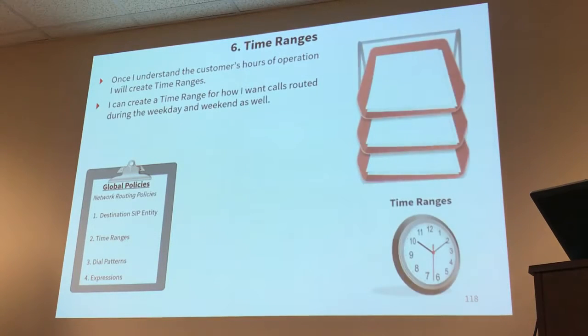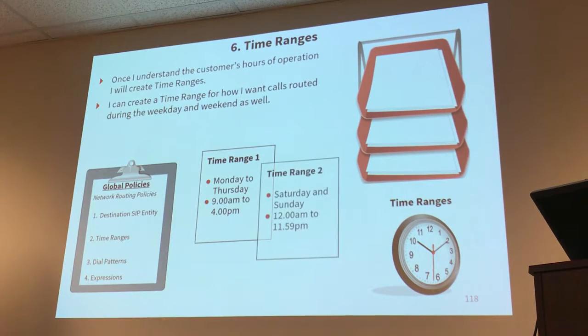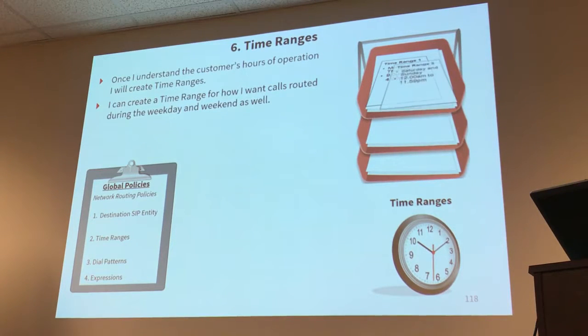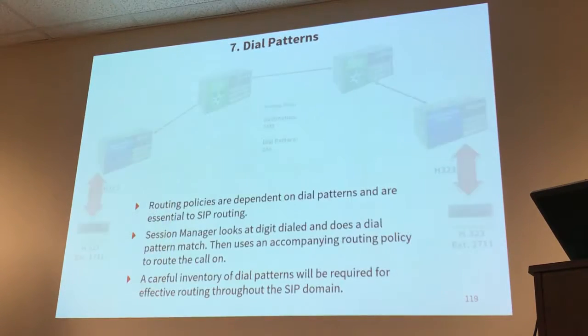Time ranges allow you to specify a time range where you want the routing policy to be active. You know, so you could say, hey, this time range, which could be working hours, right? I want to route to a specific place, and then over the weekend, I want to route to a different place. So you would use time ranges for that purpose.